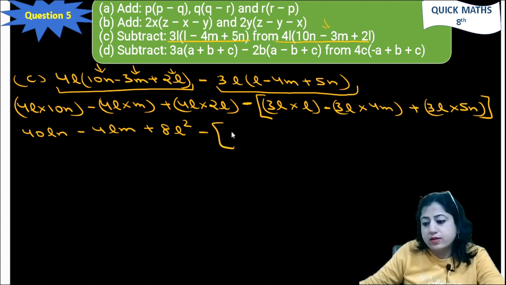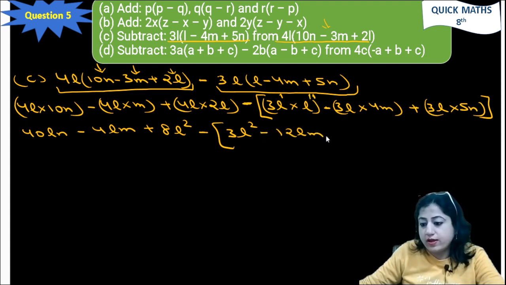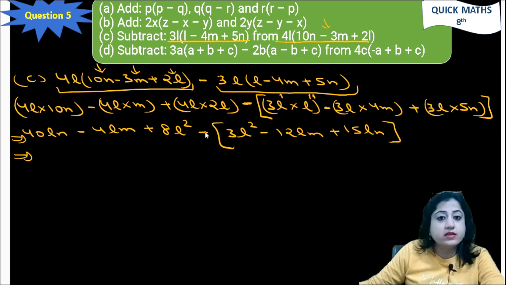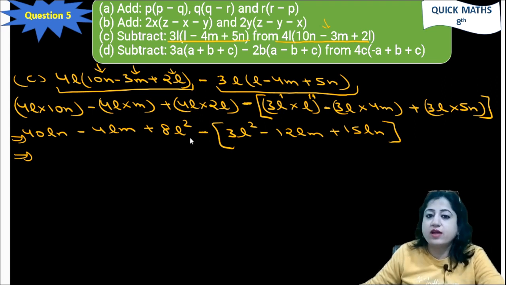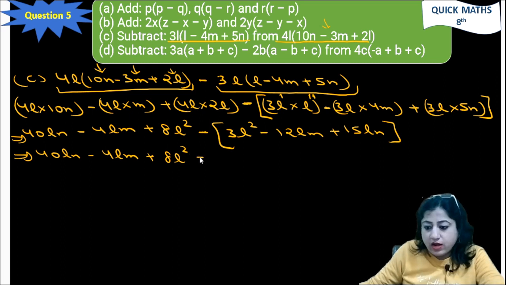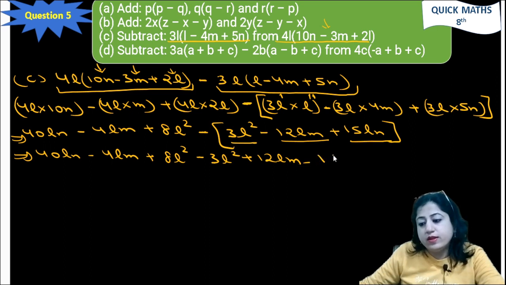Now minus, in the bracket it is 3l square, because l multiply with l will be l square, minus 12lm plus 15ln. Now after opening the bracket, there is a minus sign, so the sign of each and every term will get reversed. 40ln, minus 4lm, plus 8l square. The first term is positive in the bracket, so while opening it, it will be negative. The second is negative, it will become positive. The third is positive, so it will be negative.